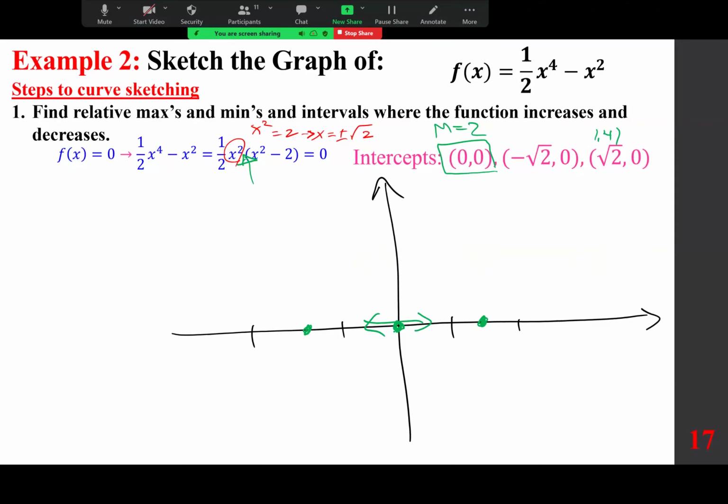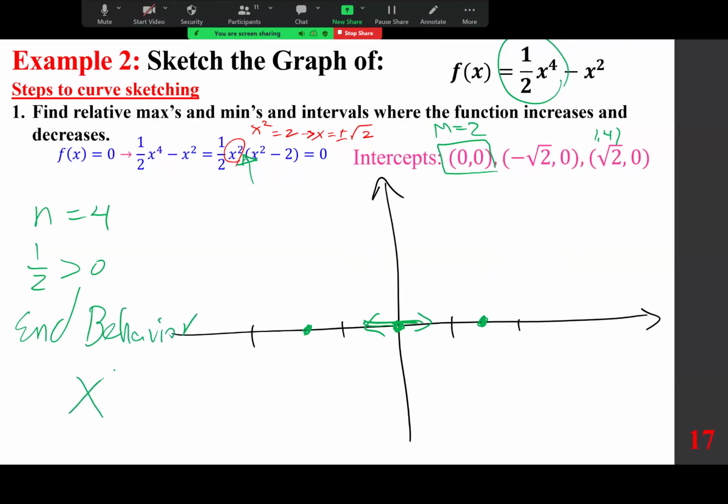So we use a double arrow, which means it's not going to cross as it hits it. When we look at this one, we know the degree is even and 1/2 is positive. So the end behavior looks like x squared, meaning the first and the second quadrant.